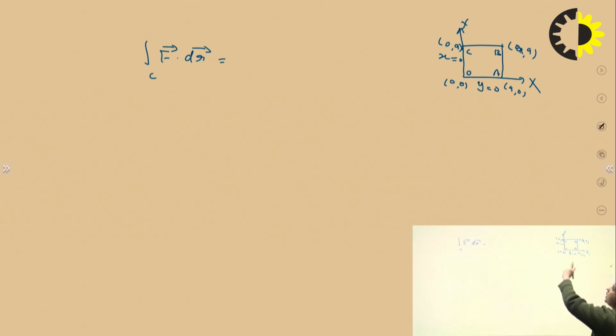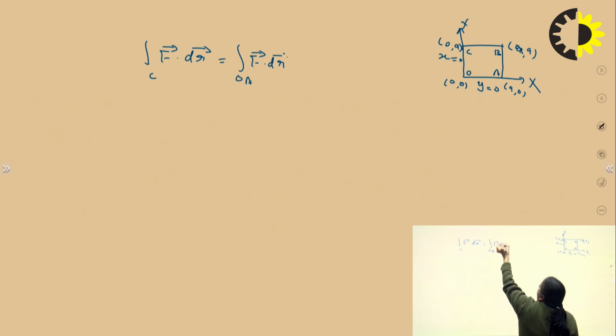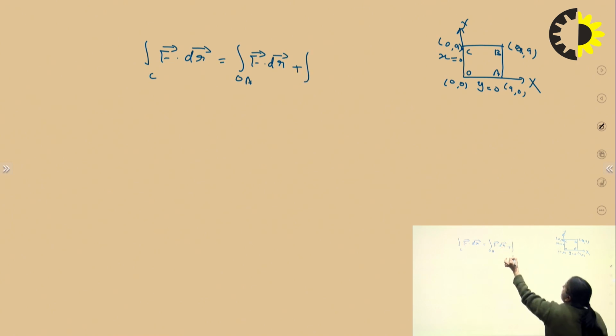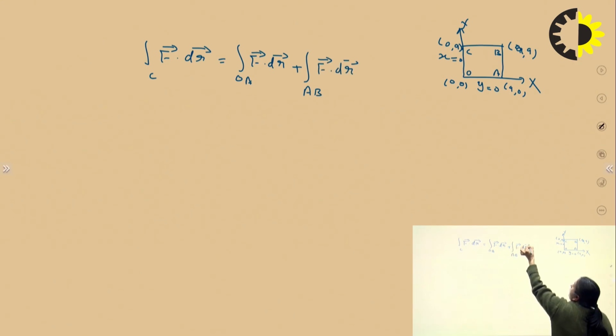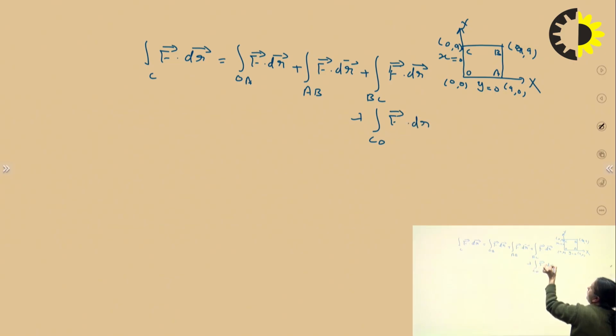Along the square, 4 lines are there, so we have to find all 4 line integrals: along OA plus along AB plus along BC plus along CO.